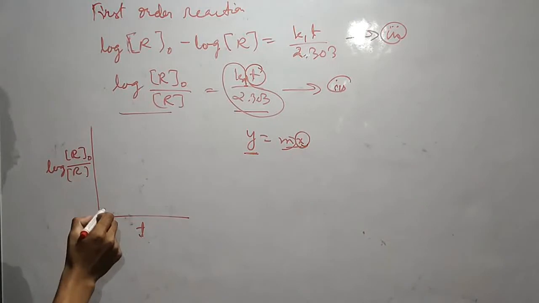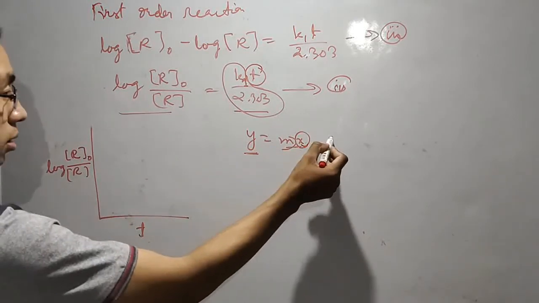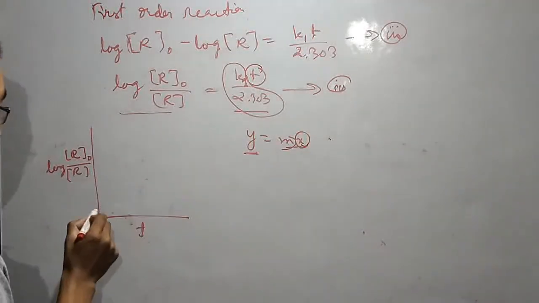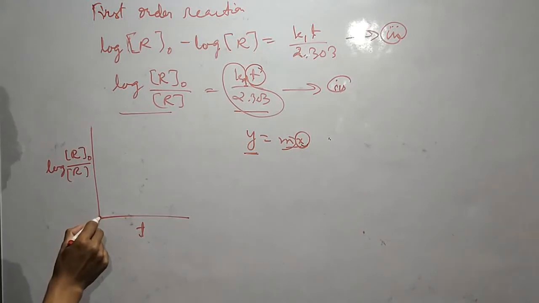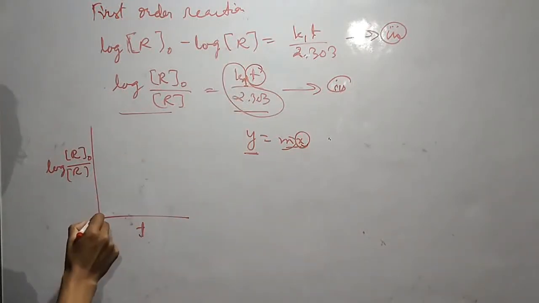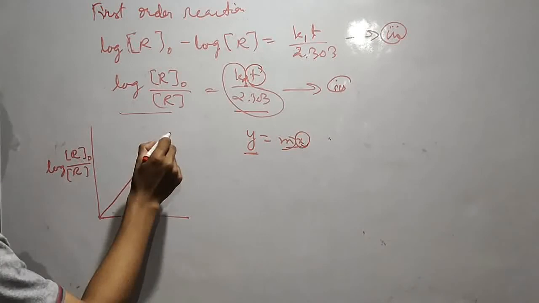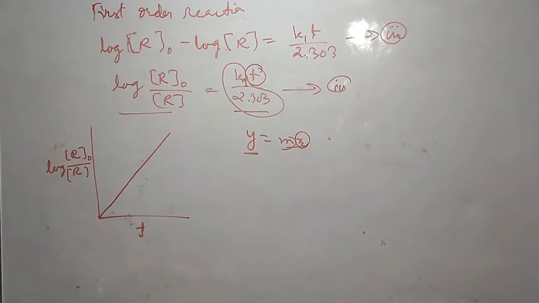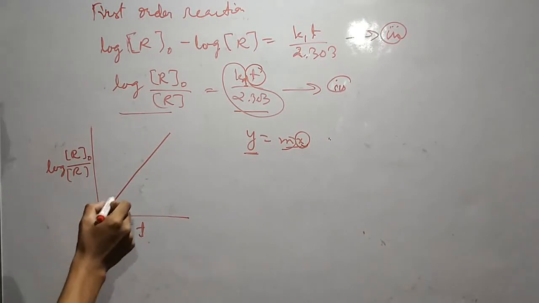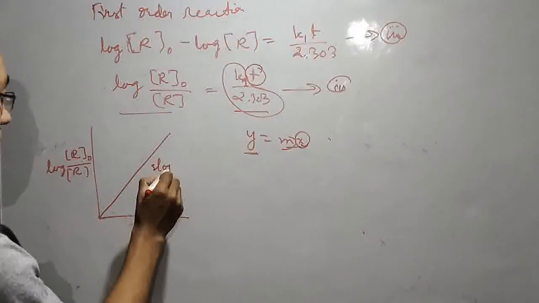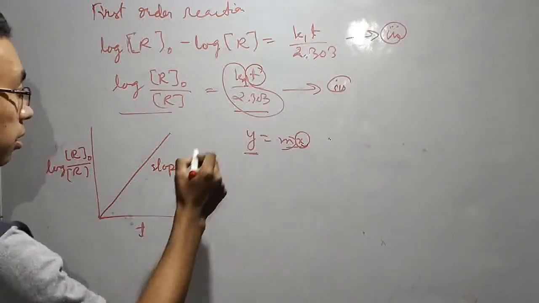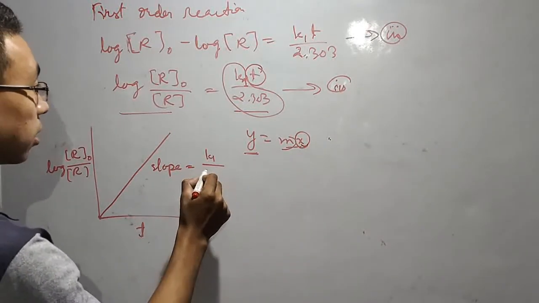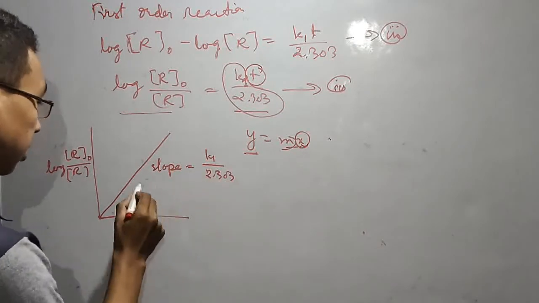This time the intercept is 0, so it is starting from 0 and the value is positive, so it will increase, going upward, and here the slope is k1 by 2.303. This is called the slope.